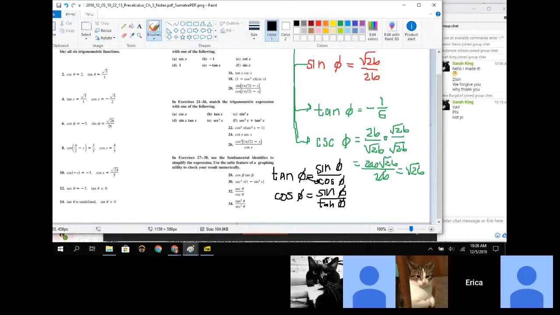So now we know the sine of phi is square root of 26 over 6, and the tangent is -1/5. So the cosine would be -5 square root of 26 divided by 6, if you can even read my writing. -5 square root of 26 divided by, did I write that right? 26, sorry. 26 by 26.